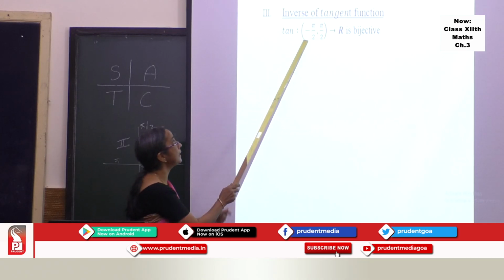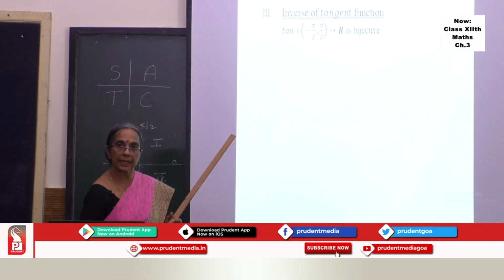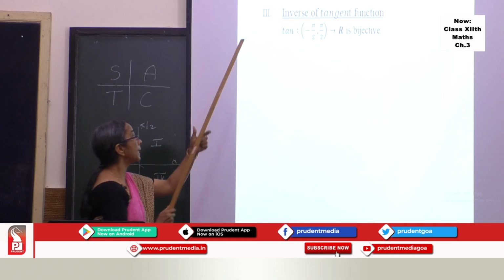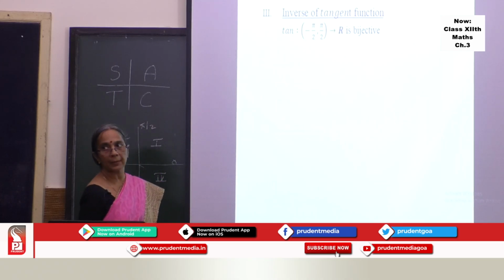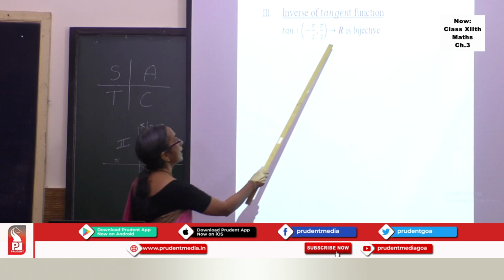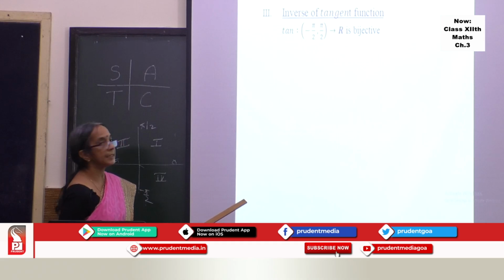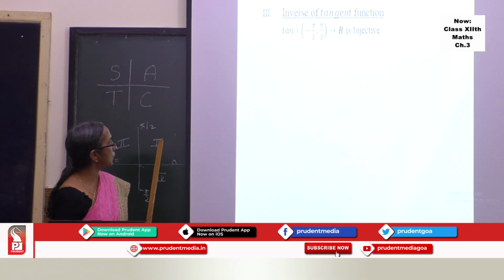What is an open interval? It is also the set of all real numbers between minus pi by 2 and pi by 2, but excluding minus pi by 2 and pi by 2. And the codomain is R. Now the function is bijective.